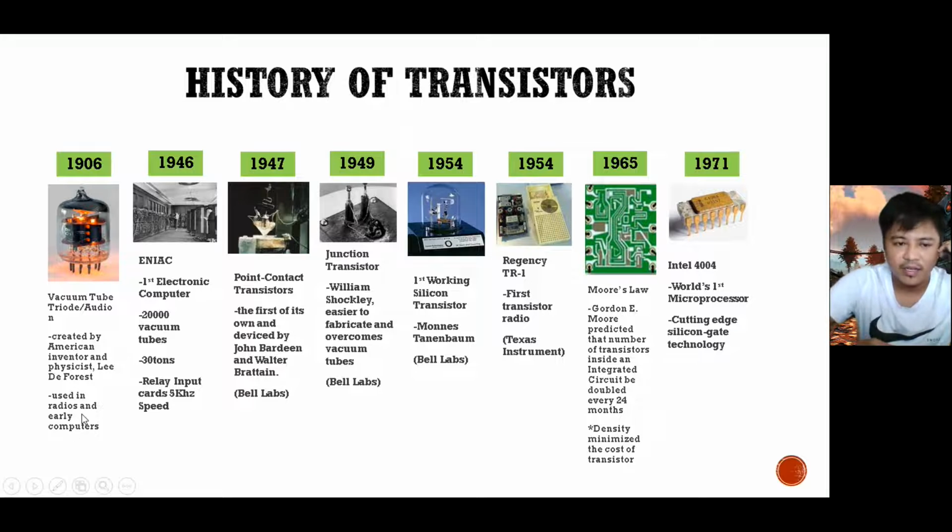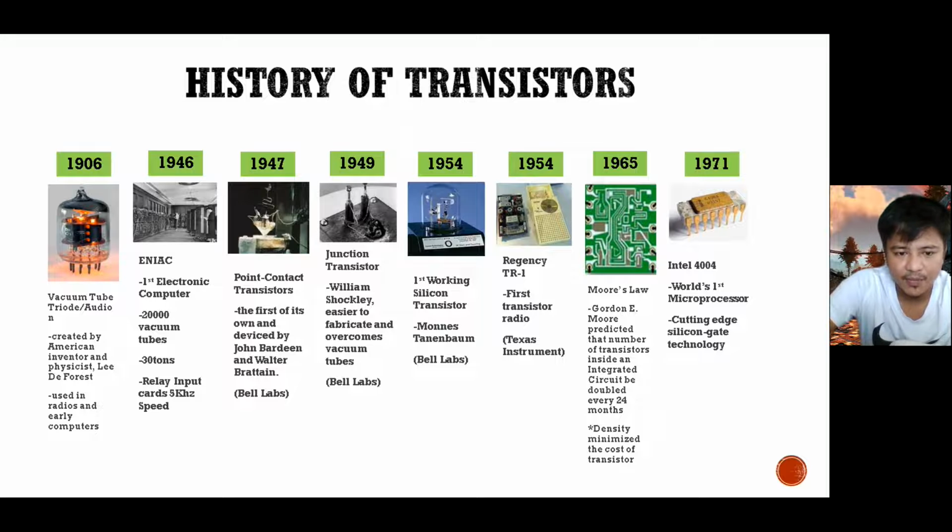Then in 1946, there was a huge leap in the history of transistors and electronics, when people of the past invented the first electronic computer, called the ENIAC. It consisted of 20,000 vacuum tubes weighing 30 tons, used relay input cards, and ran at a 5 kilohertz speed.